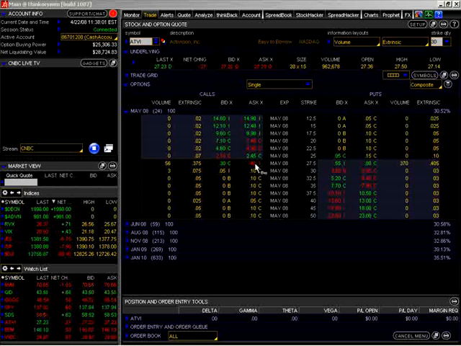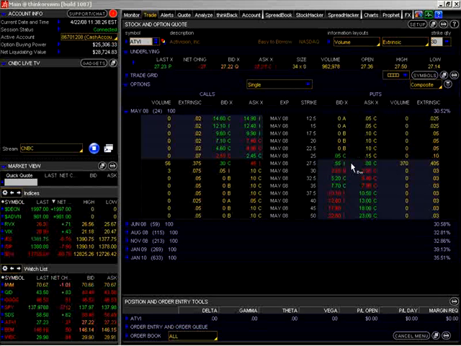The stock has to move up in order for you to make money. If you were to purchase a put option, let's say you got it for 70 cents, not only would you have to be correct as to the direction of the stock, it would have to move down in order for you to make money, but your timing would also have to be correct because it would have to move down relatively soon in order for you to make money.